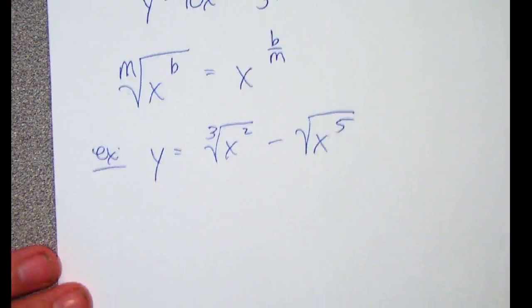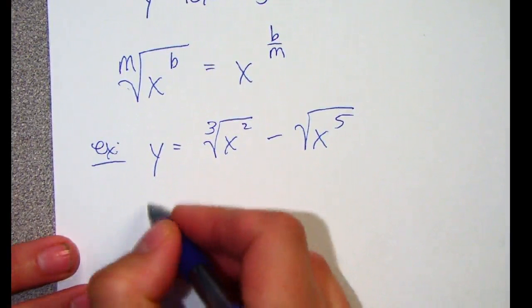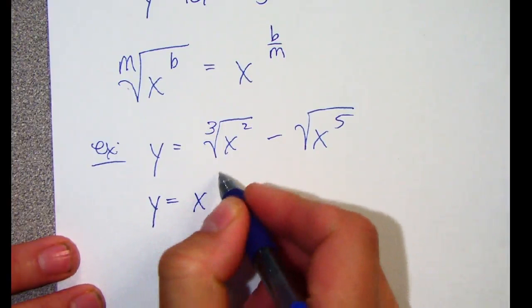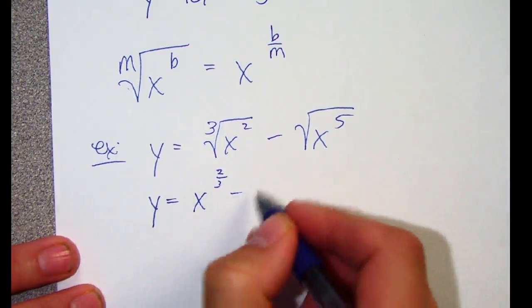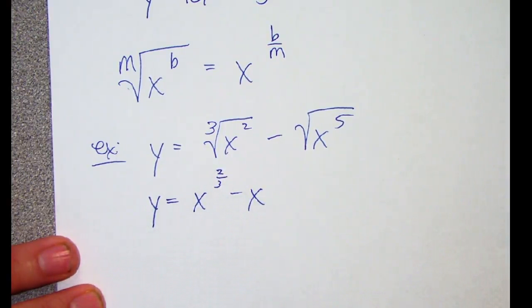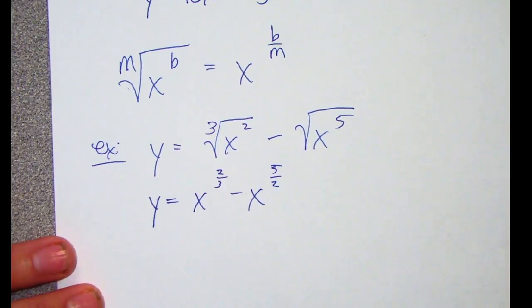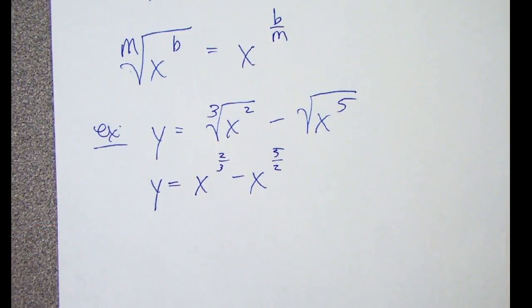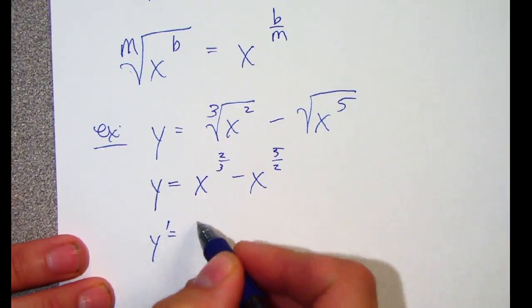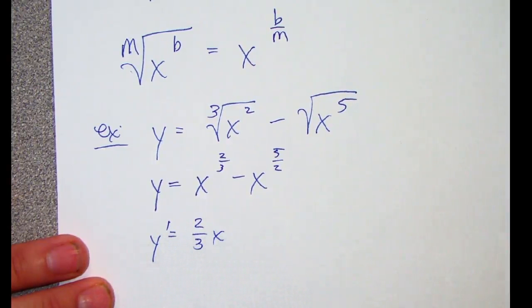So if I gave you that problem, the first thing I would do is rewrite it. So it's x to the 2/3 minus x to the what? 5 over 2, 5 halves. And then take your derivative. You just have to set it up the way that would work out best and then go from there. So this would be bring down the 2/3, reduce the power by 1.